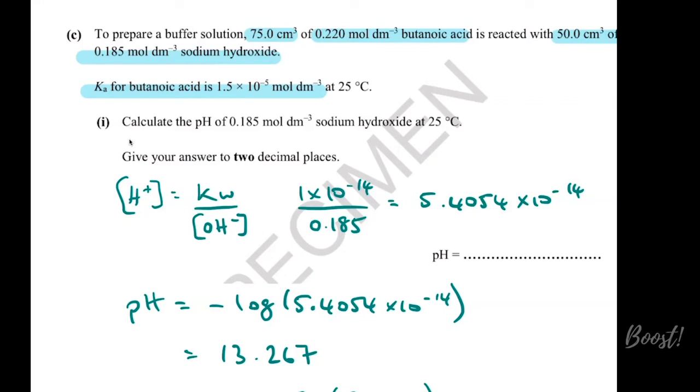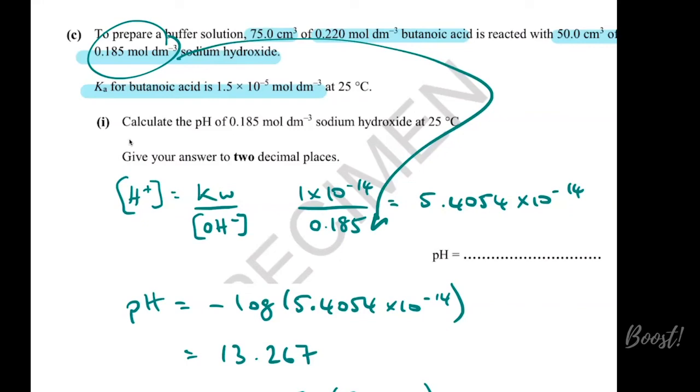Calculate the pH of this sodium hydroxide, giving your answer to 2 decimal places. So again, we want to use the Kw expression, ionic product of water, rearrange that to give us our concentration of H plus ions, and we're going to just put the concentration of our sodium hydroxide into our OH minus concentration, because it's a 1-to-1 ratio.